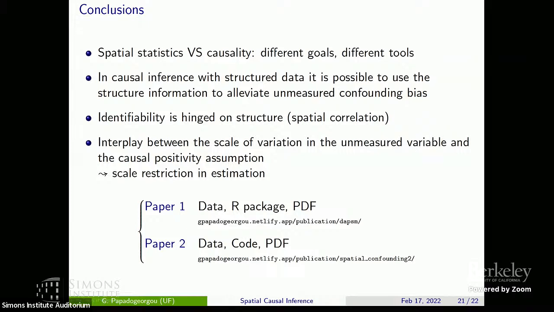And I think that what I presented to you today is an opportunity where having structured data, not having a random sample but having dependencies, can help us gain something instead of complicating something else.